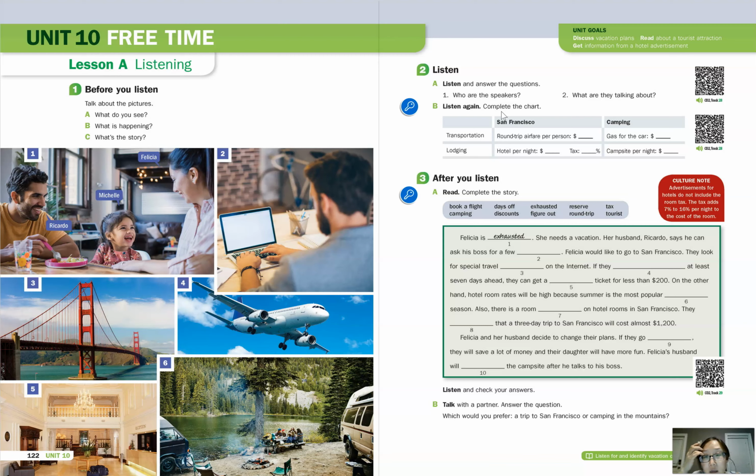Okay, so you can say the hotel will cost $250 per night, and the room tax will be 14%.